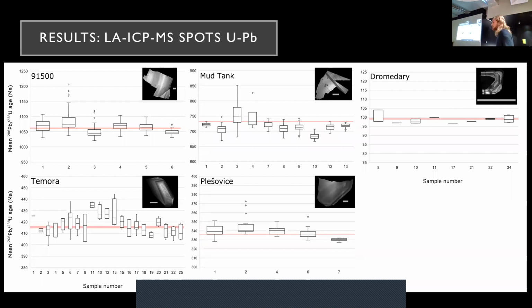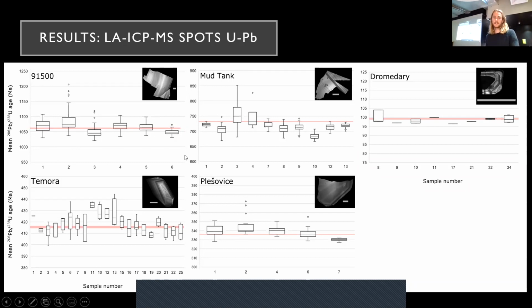I don't want to scare you with this amount of data, so let's just focus on 91500 to start with. These are the results from the uranium lead spot analyses. We gathered multiple spots on each crystal, and I presented them here as ages for each sample.